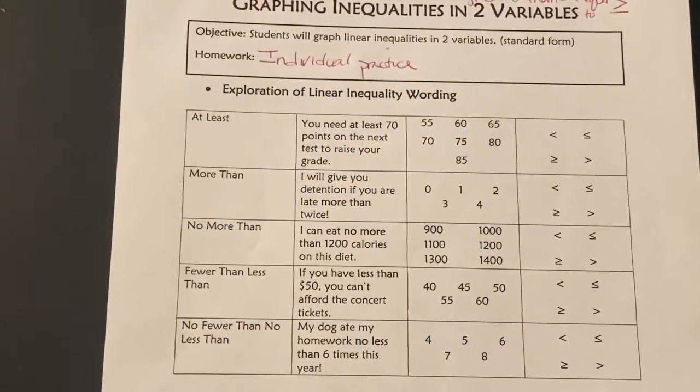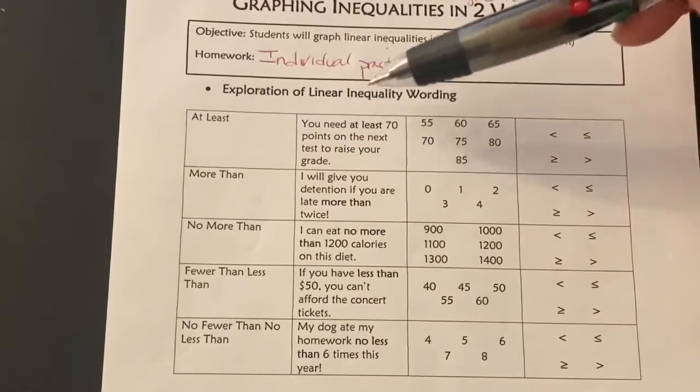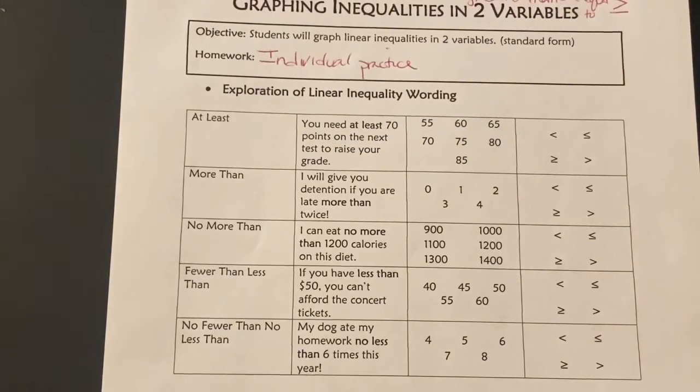When you're reading a word problem that involves inequalities, you're going to have certain phrases that are going to tell you which inequality symbol you need to use. For example, the phrase at least. For example, you need at least 70 points on the next test to raise your grade.